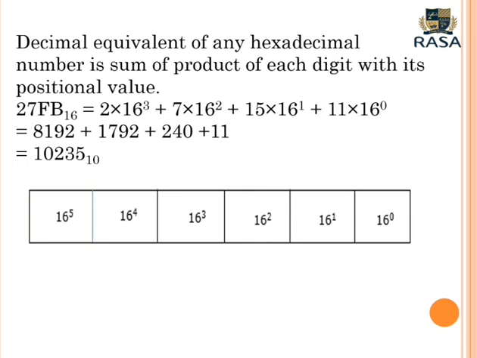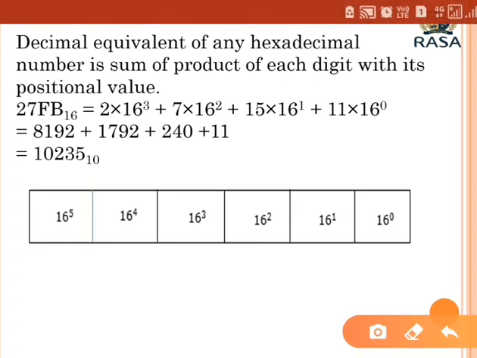Now we will learn how a hexadecimal number is converted into the decimal number. Decimal equivalent of any hexadecimal number is sum of product of each digit with its positional value. So let's understand with an example: 27FB base 16.